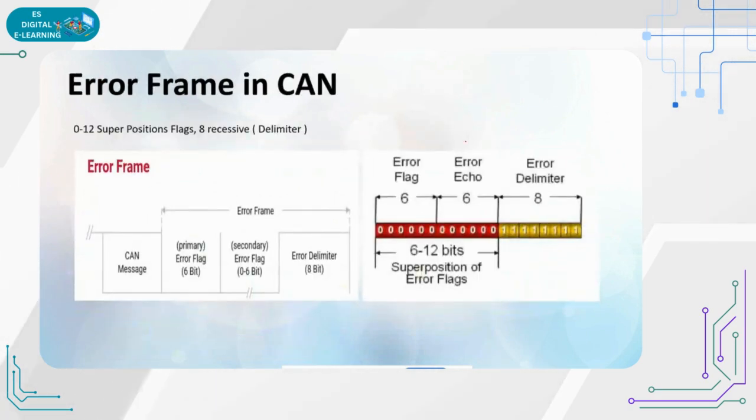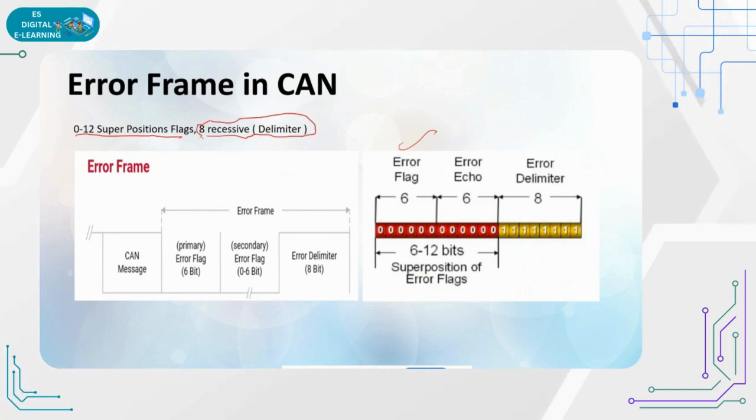And the error frame, we discussed the error frame. It has 0 to 12 superposition flags, and 8 recessive bits. So you need to always remember these 8 recessive bits. Here we have 12 bits and 8 bits.